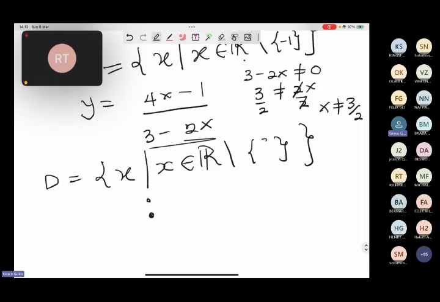So that 3 over 2, we put it here. Like I mentioned earlier, it would have been x in all real numbers, then you write a set 3 over 2, because 3 over 2 is what made the function undefined. But this time around, we are not writing a set this way. Just simply put the backslash, the 3 over 2 inside curly brackets, and do not write the except.